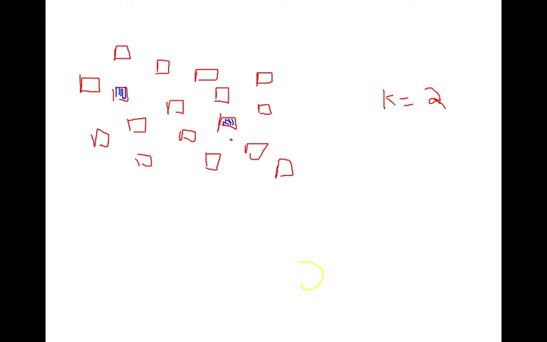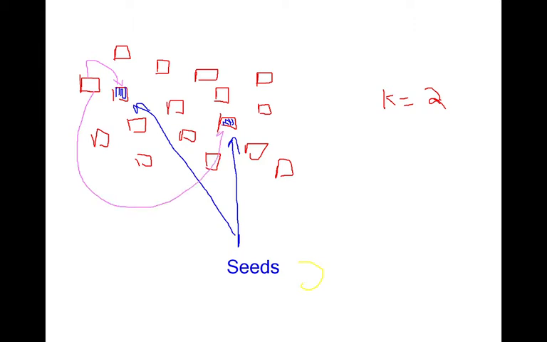Now these points are called the seeds, right. These are the cluster centers, you can call them seeds. Then what happens is that each and every data point is picked, and its distance from this center and its distance from this center is computed, right.